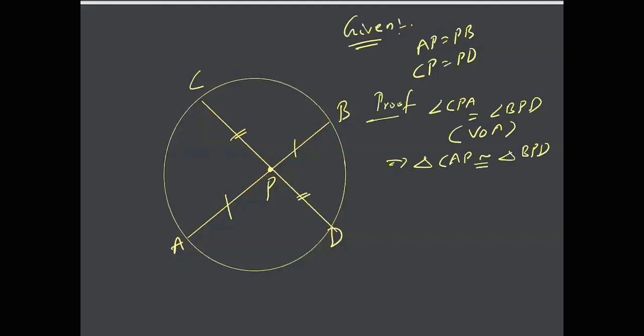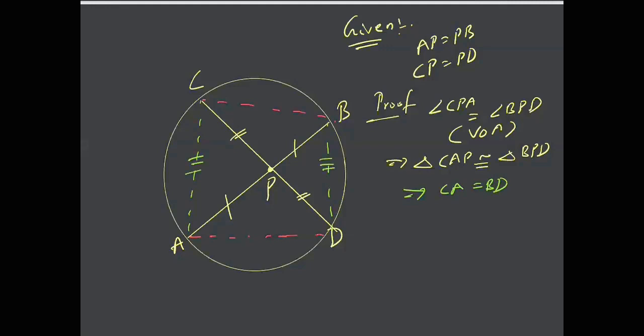So let us just join this. So triangle CAP is congruent to BPD. This implies that CA is equals to BD, right? That is, these two must be equal.